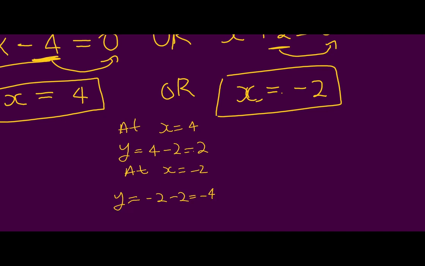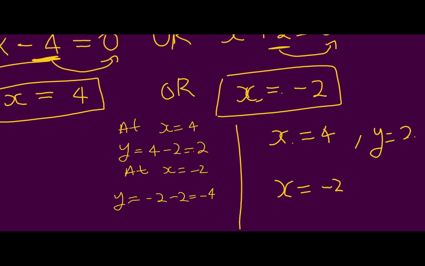So these are our y values. So we have x equals 4, y equals 2, x equals negative 2, and y equals negative 4. Right? So these are your values.